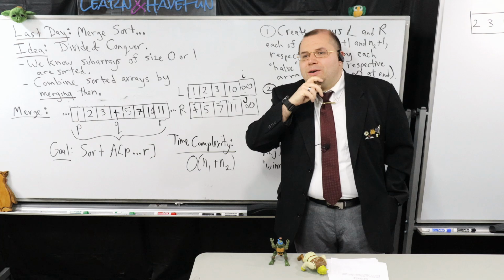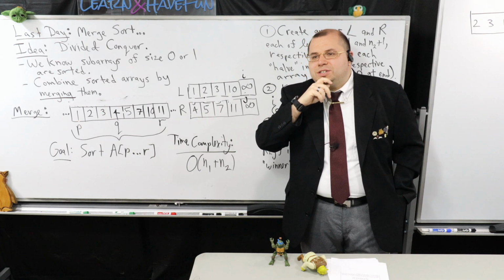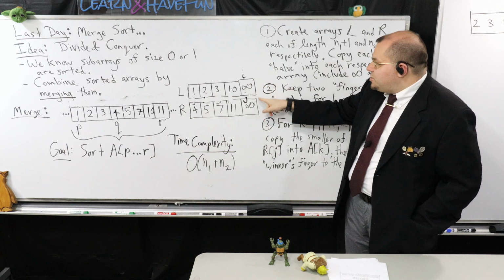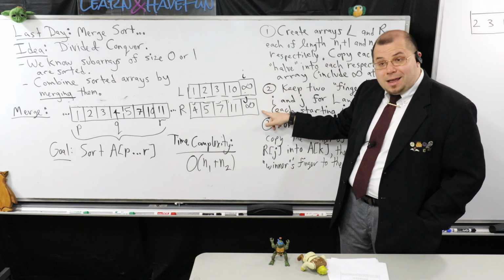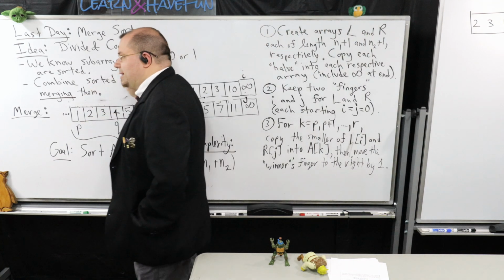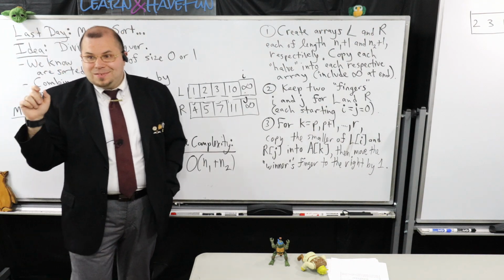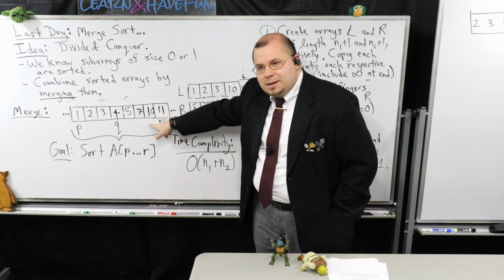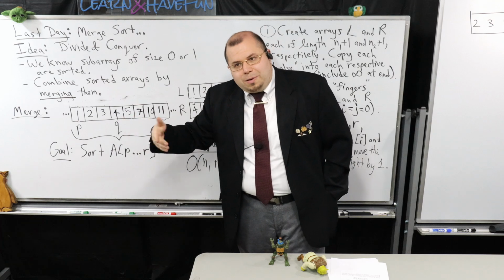So question: are we creating new arrays or shuffling the original one? So here's the thing. I create these two arrays to play my game of this merge process. This array is the one that comes along with the input. So we're actually modifying these positions in the array A. So this would be something you're directly manipulating.